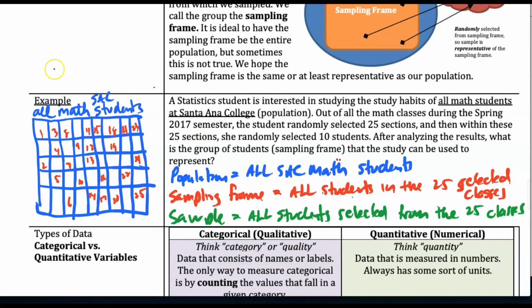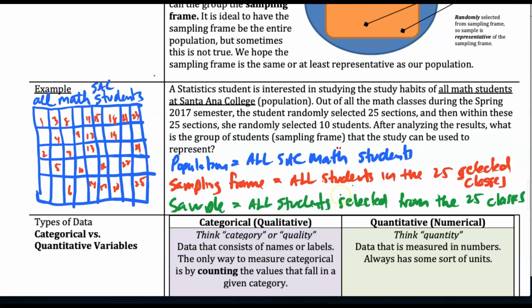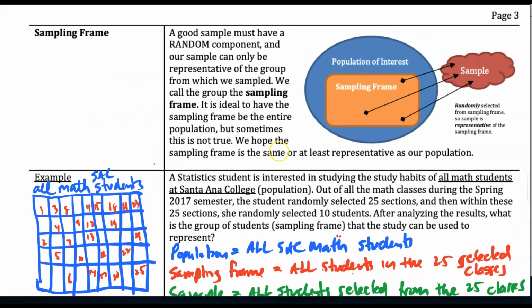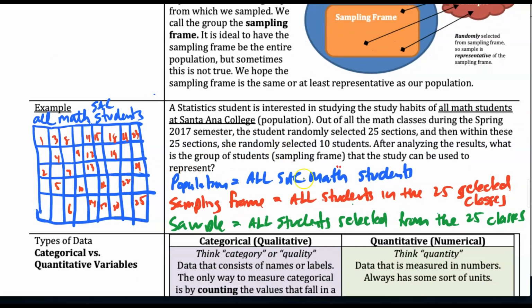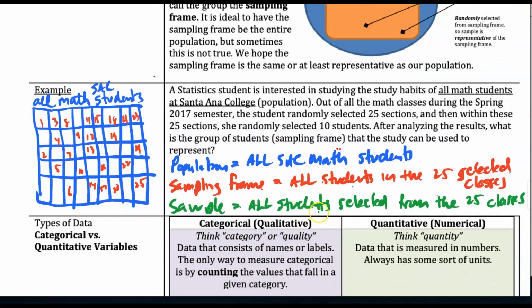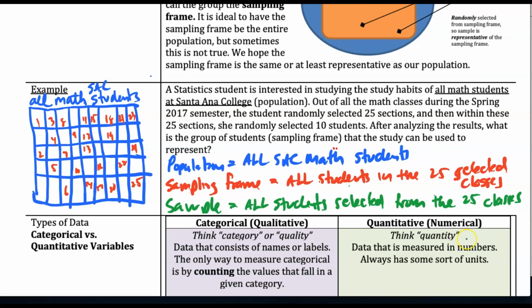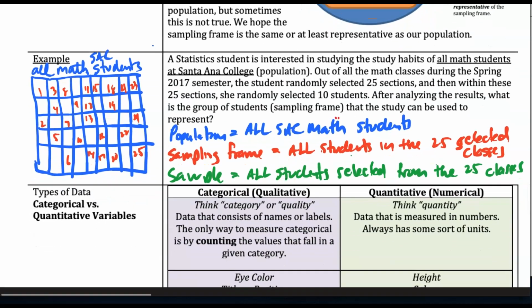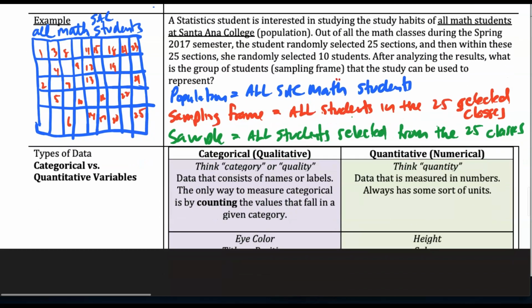It's not the whole population, but we're hoping that it's representative. There are my 25 classes, and then the sample would be all students selected from the 25 classes, 10 per class. We're hoping that would be representative so that we could learn about our population of interest.